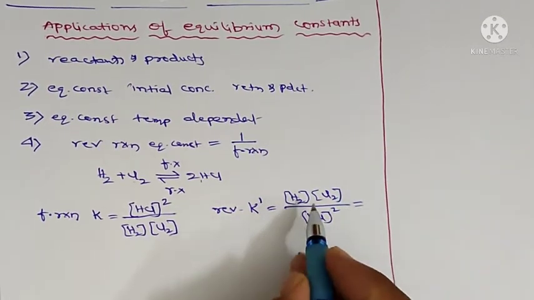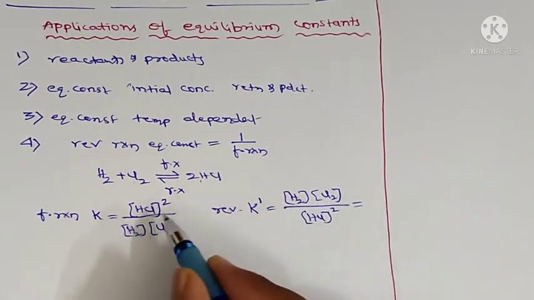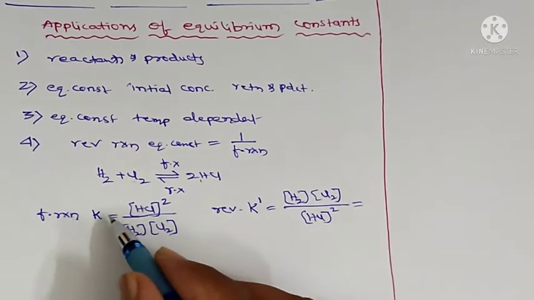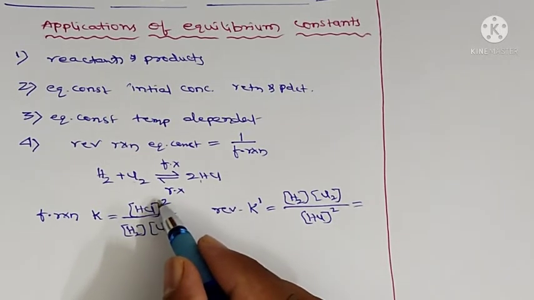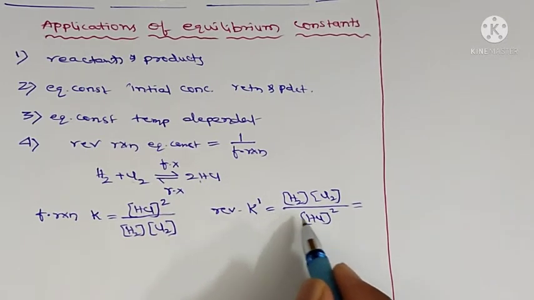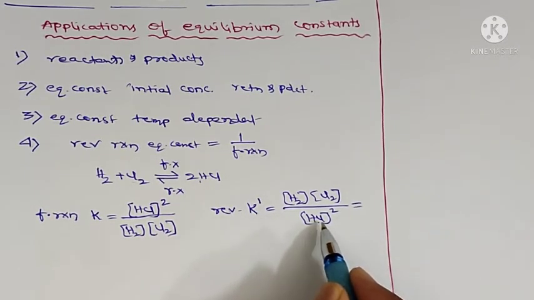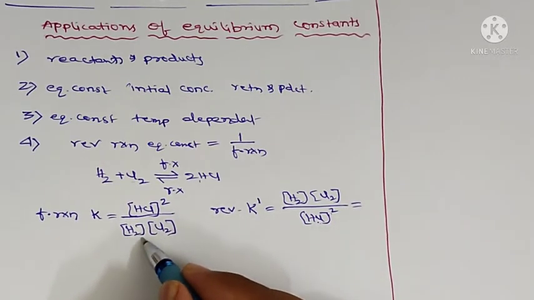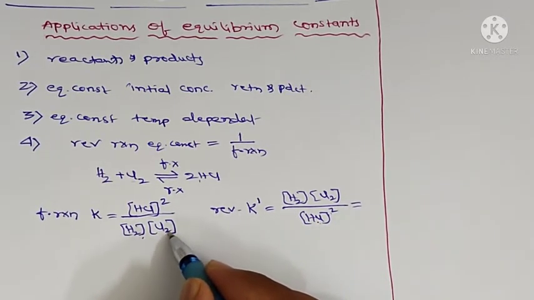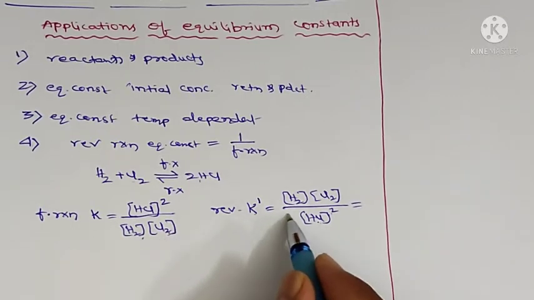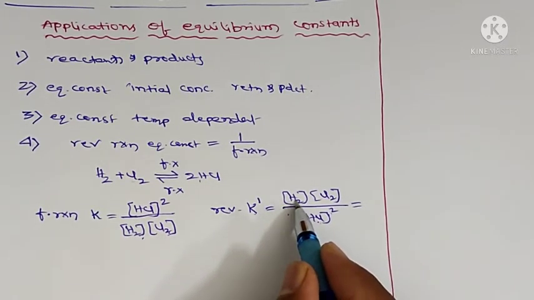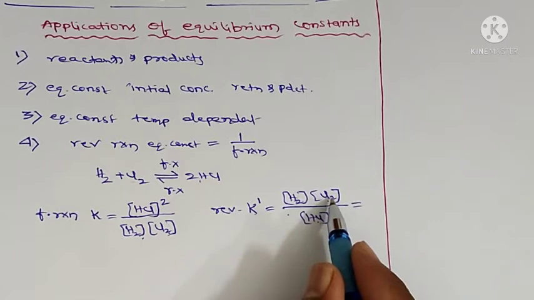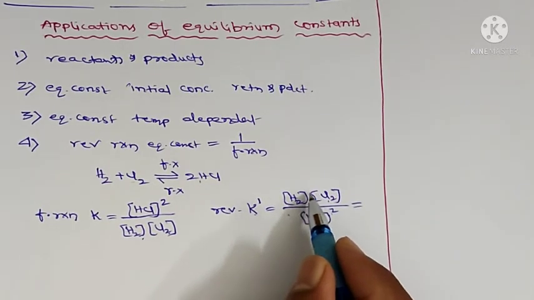This is the inverse of the forward reaction. In the forward reaction, HCl power 2 is in the numerator; in the reverse reaction, HCl power 2 is in the denominator. In the forward reaction, the H2 and Cl2 concentrations are in the denominator; in the reverse reaction, they are in the numerator.